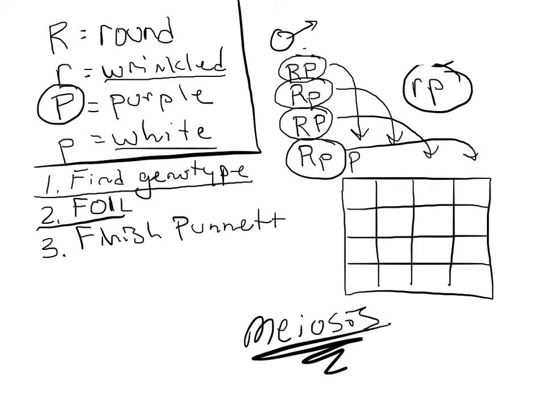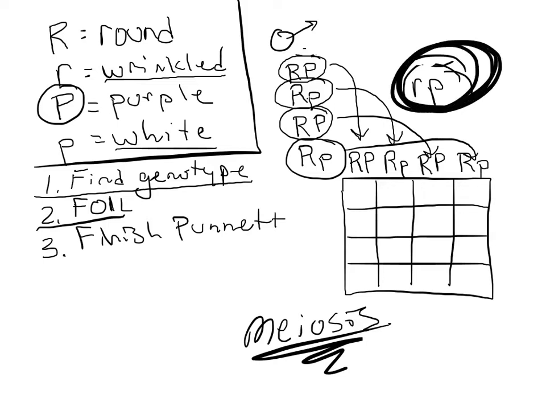So capital R, capital P, capital R, lowercase p, capital R, capital P, capital R, lowercase p. Now this lowercase r, lowercase p is representing mom. And again, we can place this in the corresponding location.